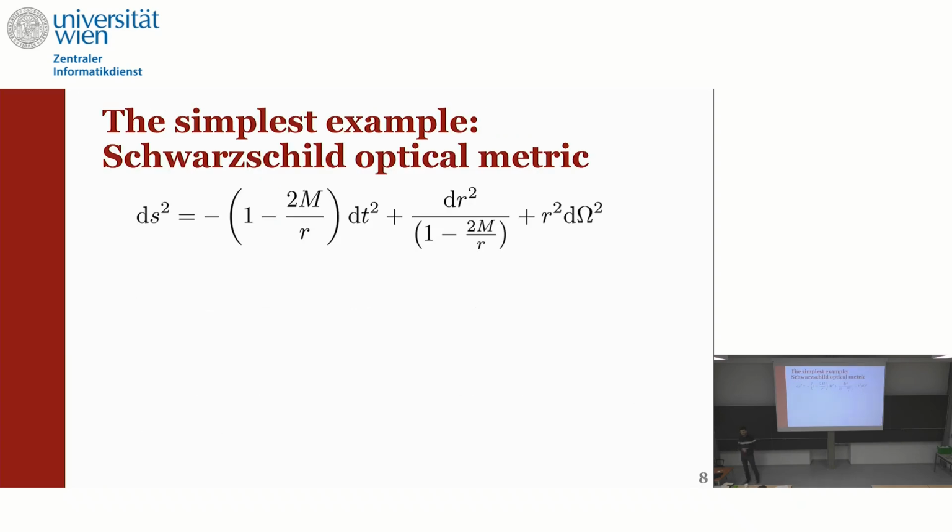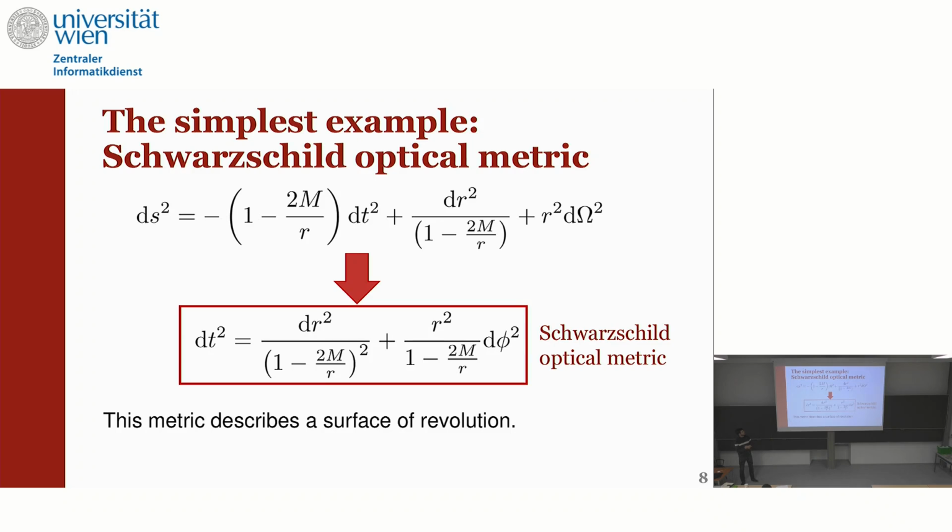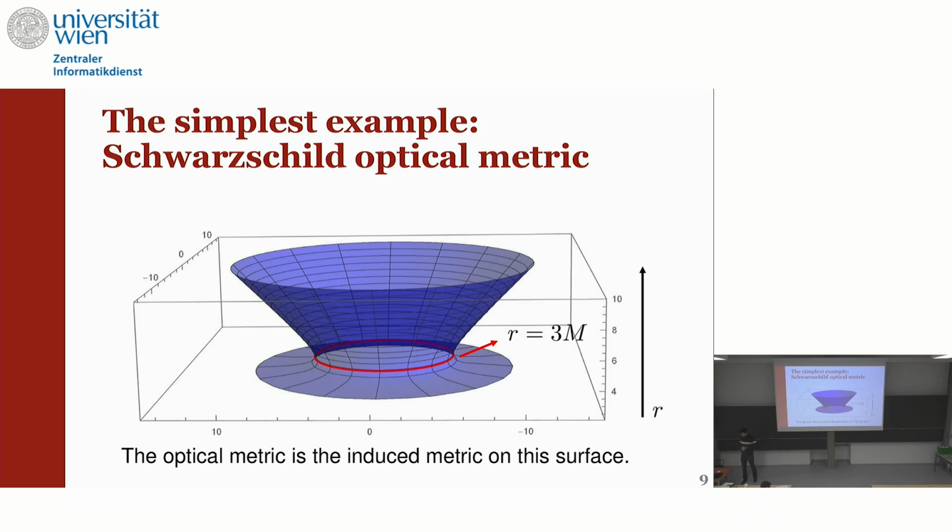And just to show you what I mean, I will consider the simplest example, that is the Schwarzschild spacetime. This is the Schwarzschild metric, and when we do the dimensional reduction, we have this optical Schwarzschild metric. We can see that it describes a surface of revolution, meaning that we can embed this two-dimensional surface in 3D Euclidean space to see what really is going on. This blue surface is the effective 2D manifold, and the effective metric is the induced metric on this manifold.